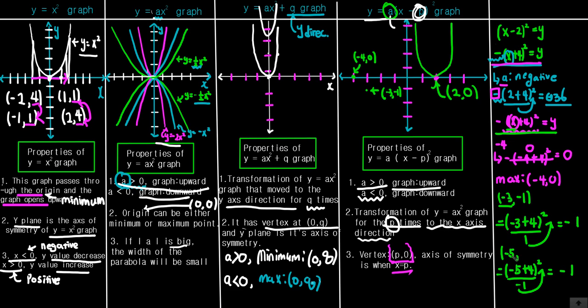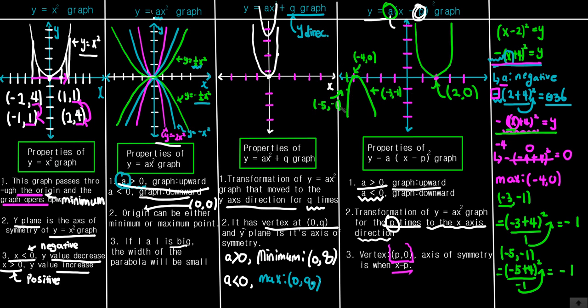So when you input negative 5, it is still negative 1. So here is negative 5 and we get negative 1. This is the point where the x value is negative 5 and the y value is negative 1. If we graph it, it will look something like this, passing through our 3 points. And we need to remember that the graph always goes downward.